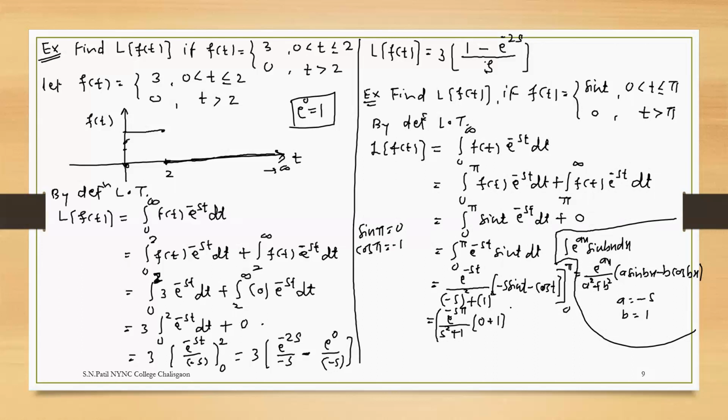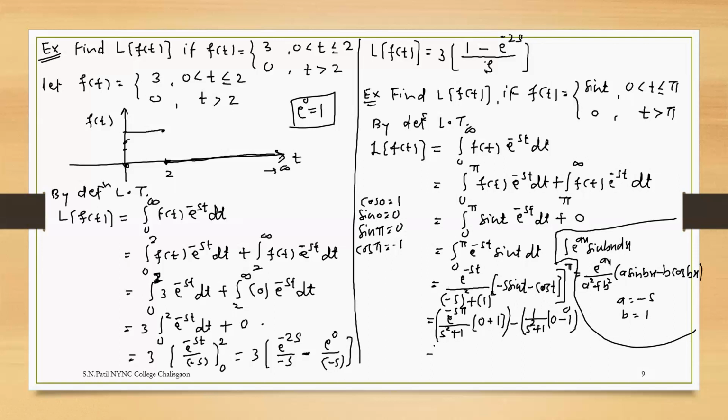Then minus the lower limit: e raised to 0 is 1, divided by s square plus 1, times minus s sin 0 minus cos 0. Sin 0 is 0 and cos 0 is 1, so here we get 0 and here minus 1.